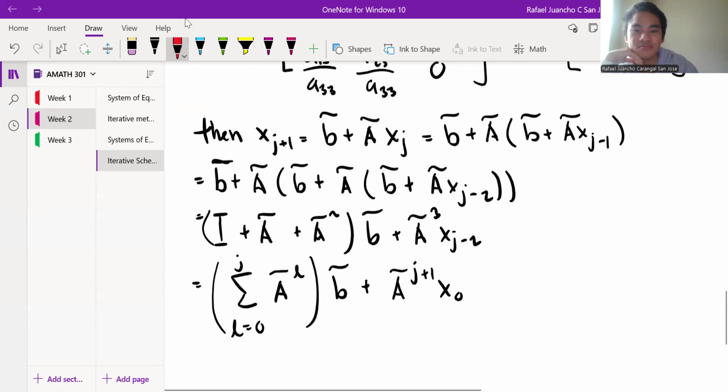Let me see. This becomes, I mean, yeah, this is A tilde squared. This is AB. So he was just able to do that.